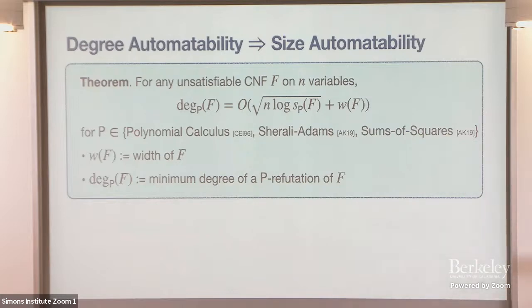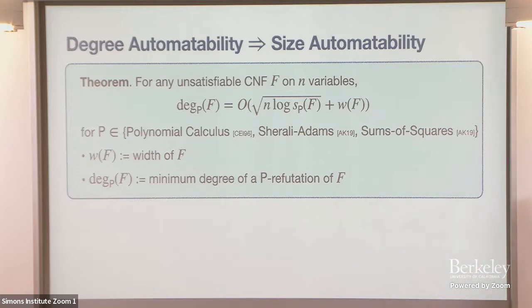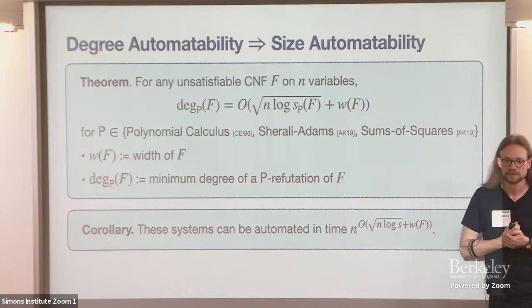So if I take polynomial calculus or Sherali-Adams or sums of squares, again with a little bit of a coefficient size caveat, but let's not worry about it, the lowest degree proof in these systems is going to have exactly the same expression in the exponent as with resolution, something like square root of n times log of the proof size. Does that make sense? So as a corollary, we can do the exact same thing. We can automate these systems also in time roughly n to the square root of n log s. Does that make sense?